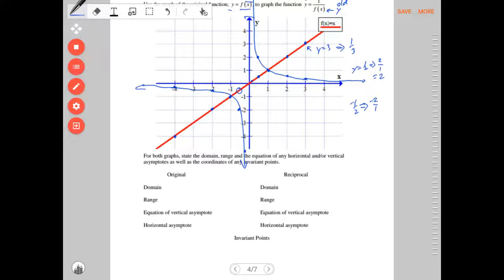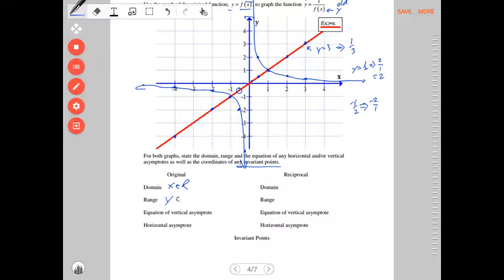Okay, so let's do some analysis. For both graphs, state the domain and range, and the equation of any horizontal and or vertical asymptotes, as well as any invariant points. An invariant point is a point that doesn't change between the two graphs. We'll get to those in just a minute. The original domain was x is an element of the reals.